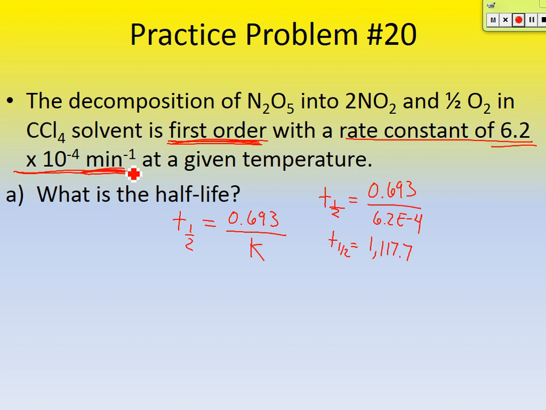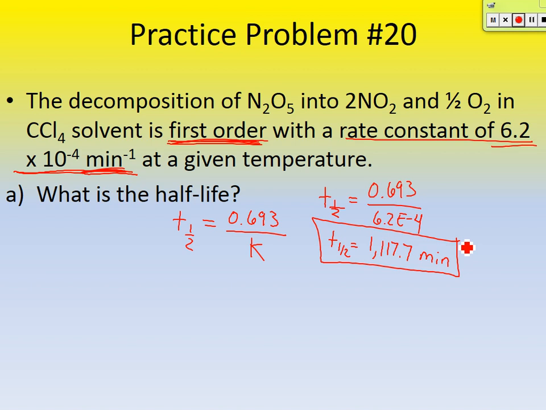Because our rate constant k was measured per minute. And so that's how you determine your units there. Would we not put to a -1? Nope, it's just time. So it's 1,117.7 minutes for half of it to react. Does that make sense, guys?